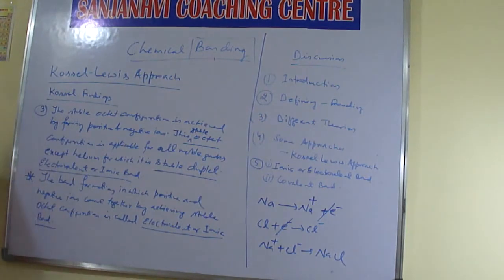Due to this formation of octet, it is called the octet rule, and that theory is known as the Lewis octet rule theory.